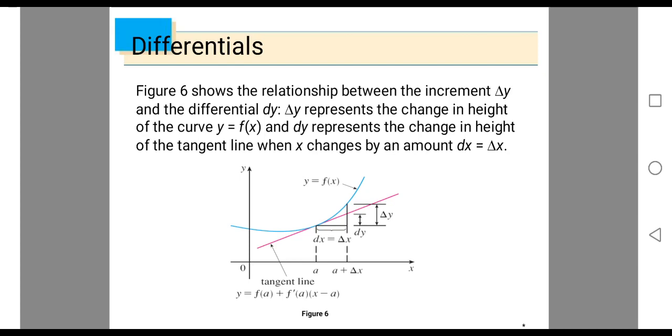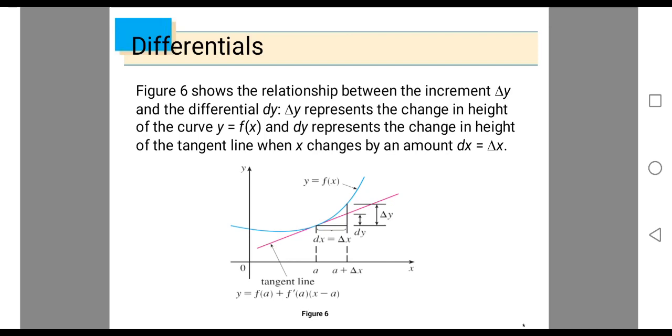When x changes by an amount dx is equal to delta x, this delta x has a clear impact on our dy and delta y.